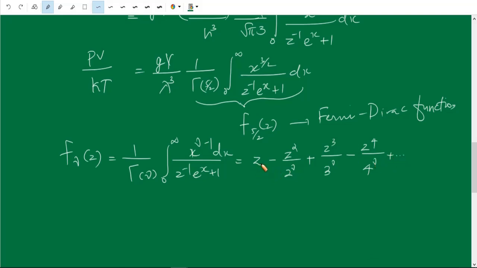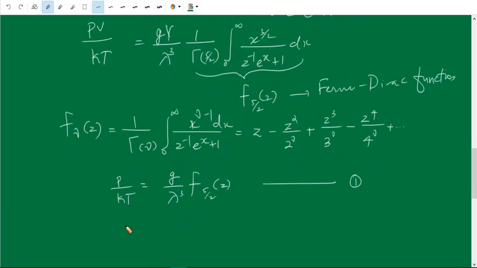Okay, so here alternate terms have a negative sign. Therefore we can write P divided by KT equal to g divided by lambda cube times f 5 by 2 of z. We can write this as equation number 1.